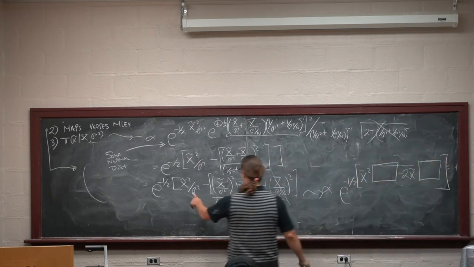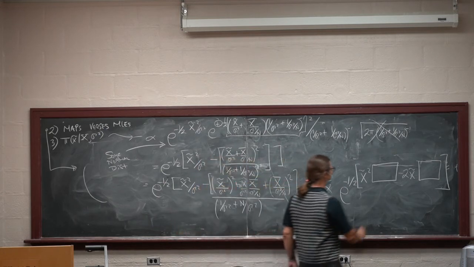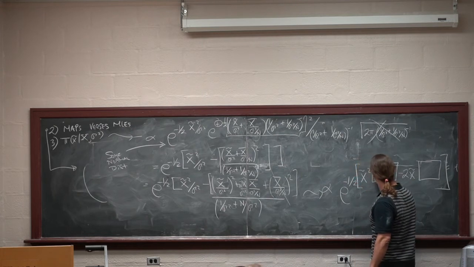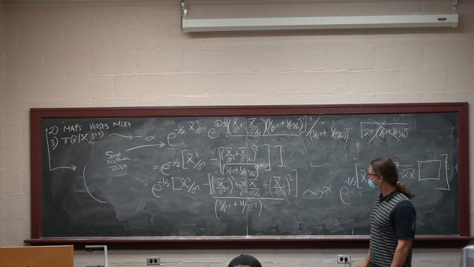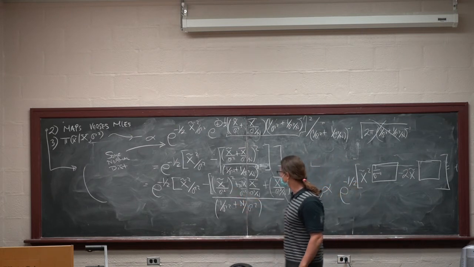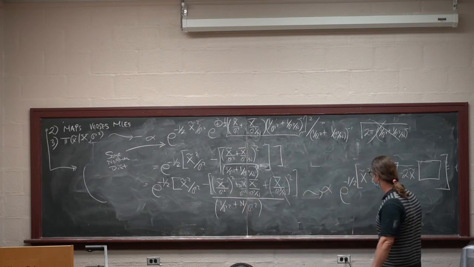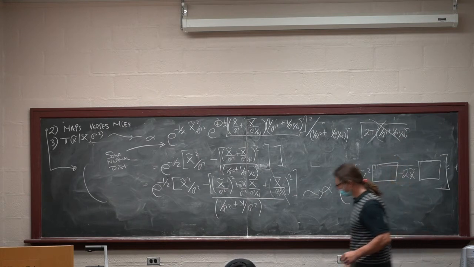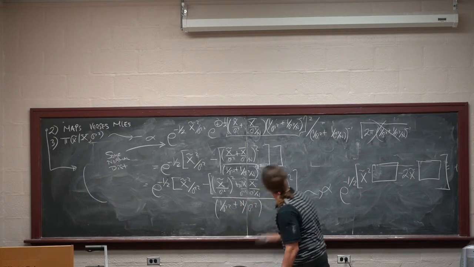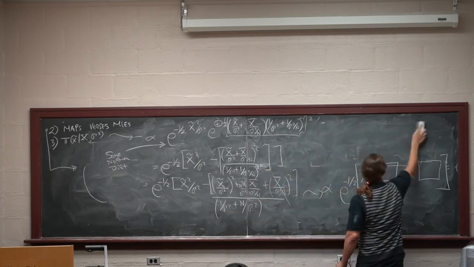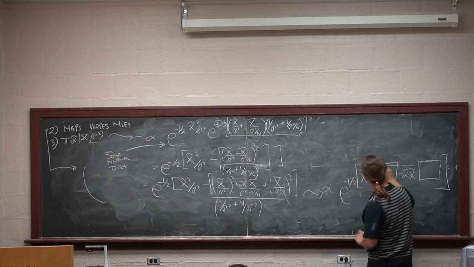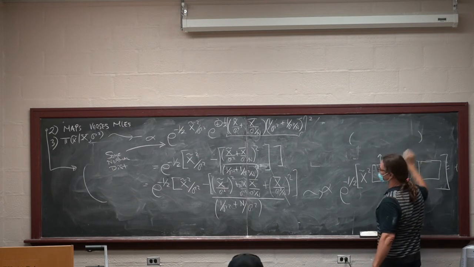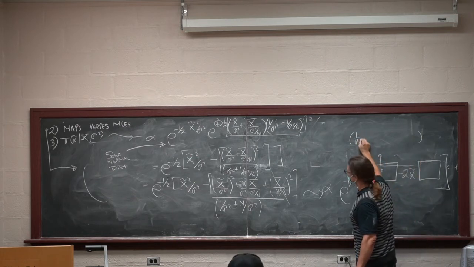So let's do it. I've got 1x tilde right here. This is a 1 over sigma squared. Then I've got another one right here. So that's going to be, giving myself some room. This thing right here is going to be 1 over sigma squared.